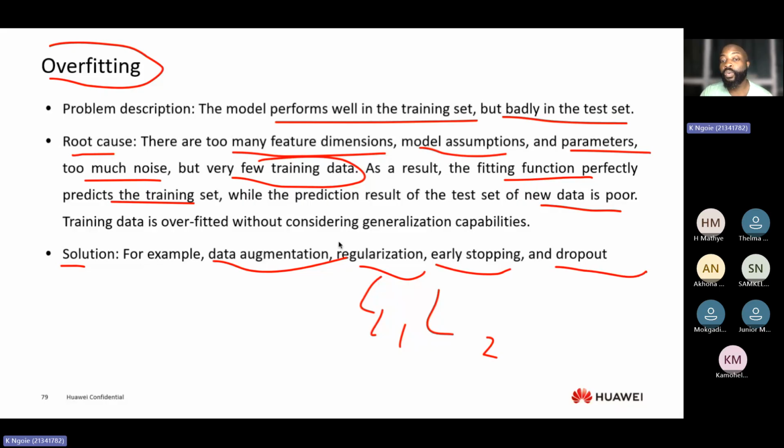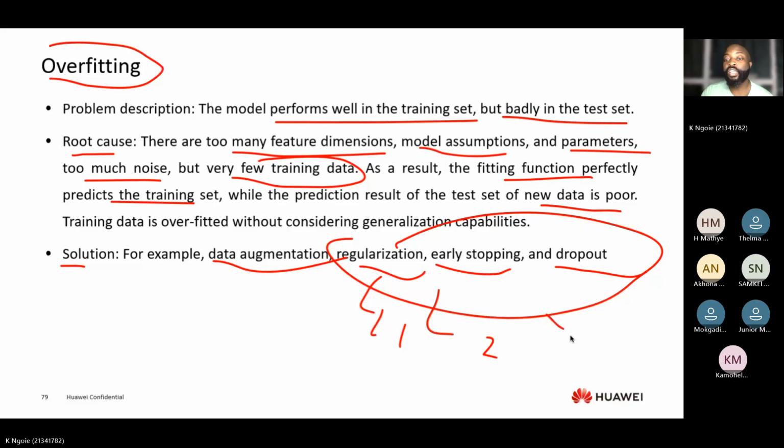When we use the L1 and L2 regularization, early stopping and dropout, how do we call this? Does anyone remember? What are these methods? Are they not normalizing methods? Perfect. Those are normalizers.